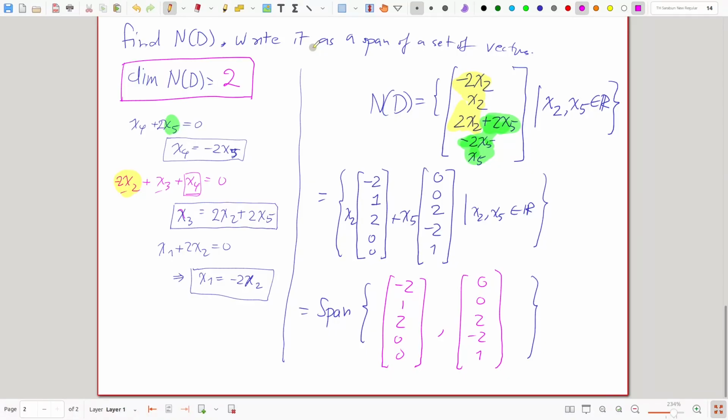This set of 2 vectors is a basis of the null space because of 2 things. One, these 2 vectors span the null space, right? And they are linearly independent. When you have vectors that span the space and are also linearly independent, we have a basis.